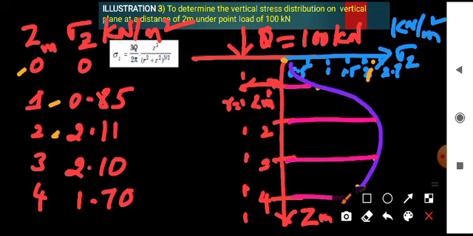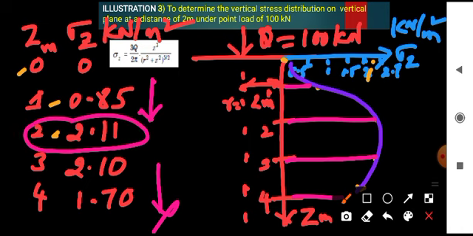You can observe here, the sigma z values will increase up to a certain point, but beyond this point the value will again start decreasing. In this particular case, beyond the depth of 2 meter, the value of the vertical stress again starts decreasing. So that is the point number 1 we have to observe.